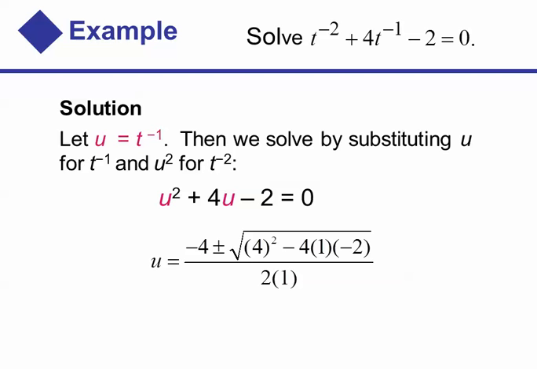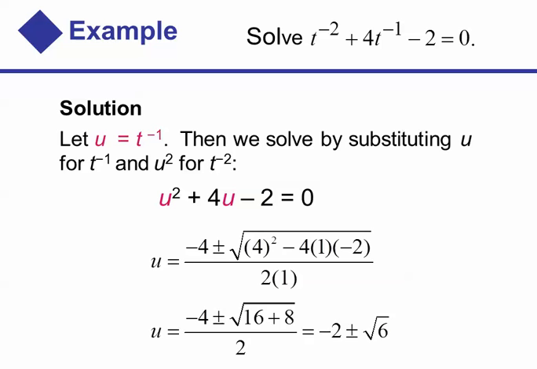So we're going to have to use the quadratic formula on it: negative b plus or minus the square root of b squared minus 4ac, all over 2a. See, we've put all the numbers in here. a is 1, b is 4, c is -2. And when all of that work is done, your final answer is -2 plus or minus the square root of 6. And that's what u equals.